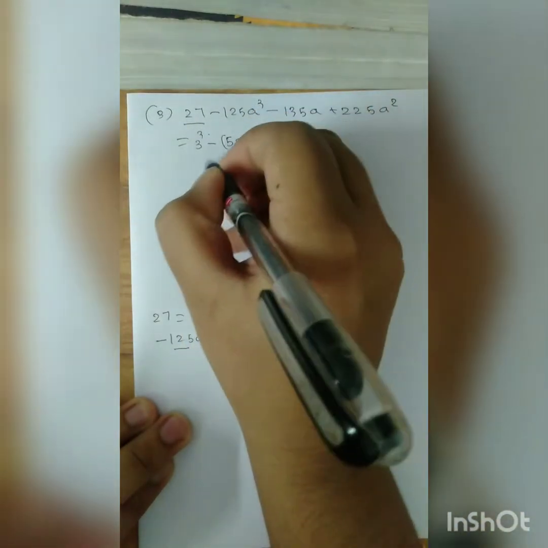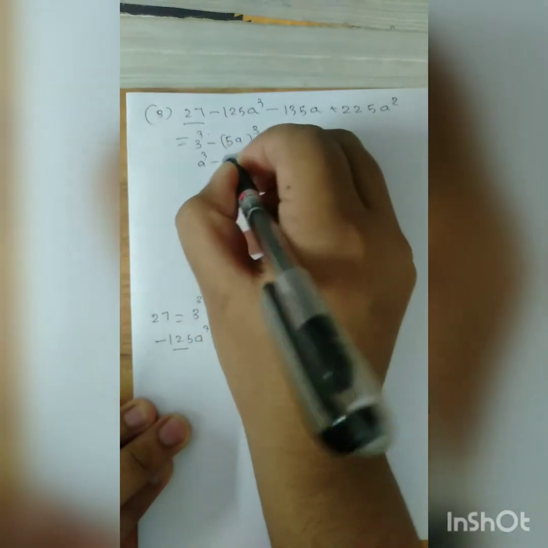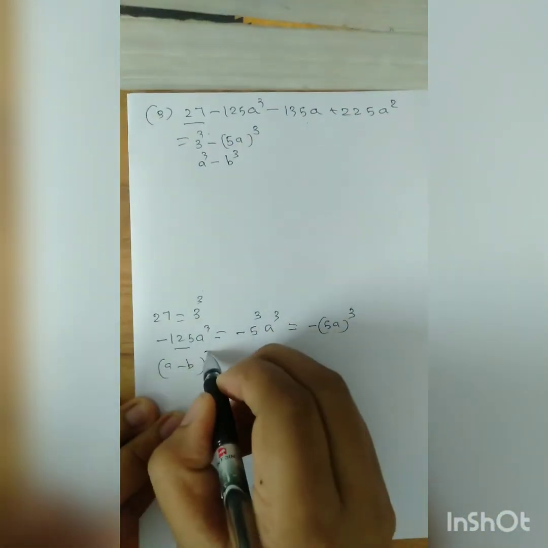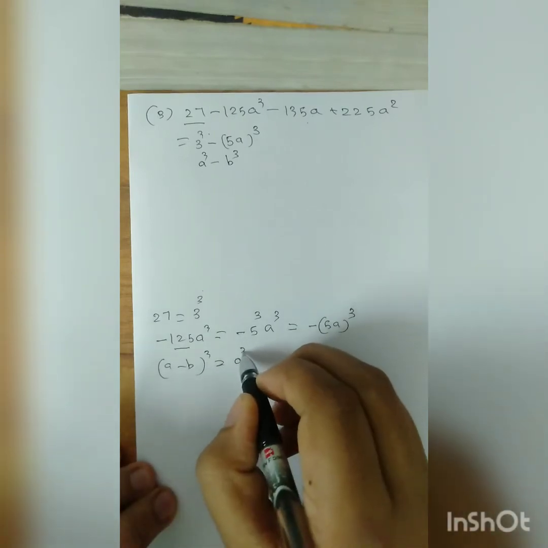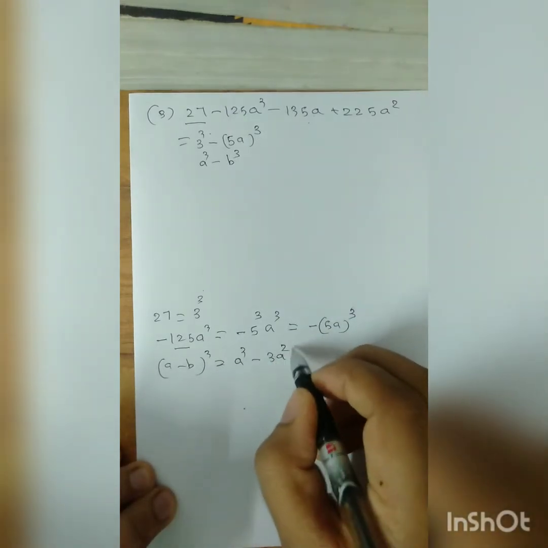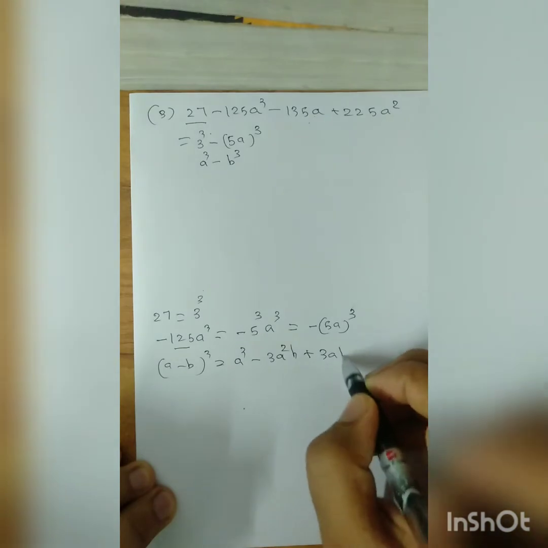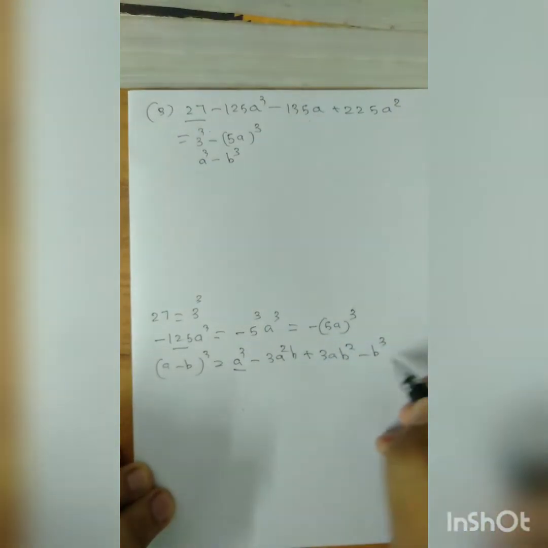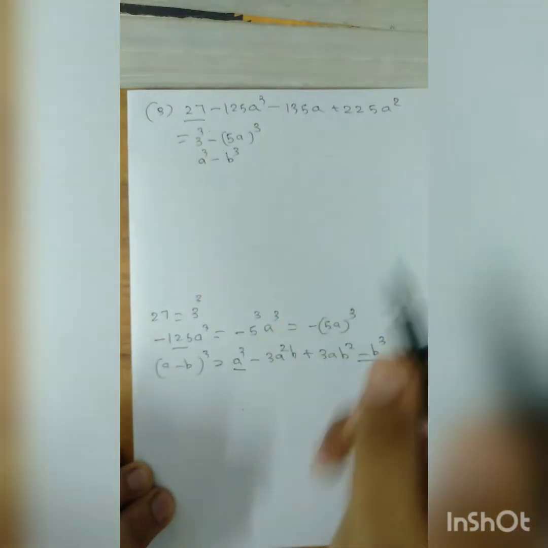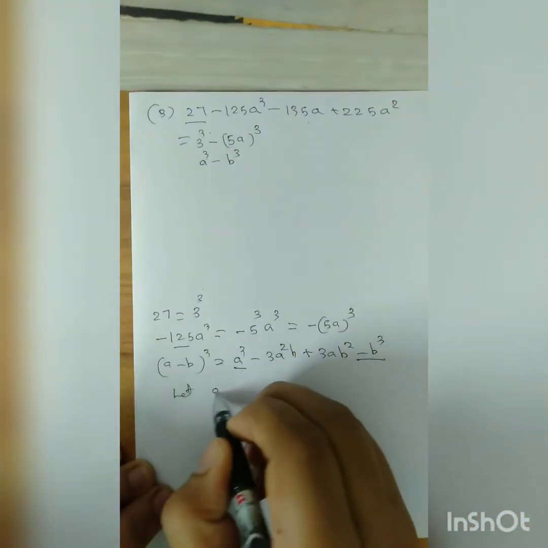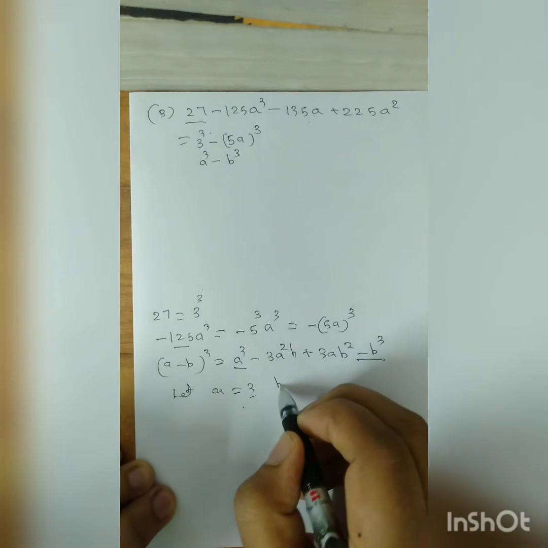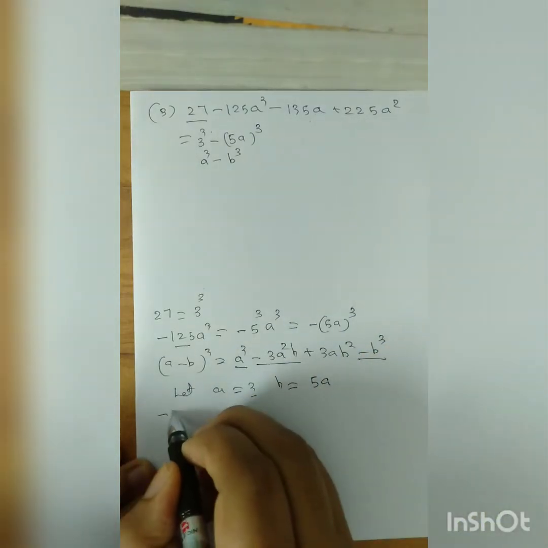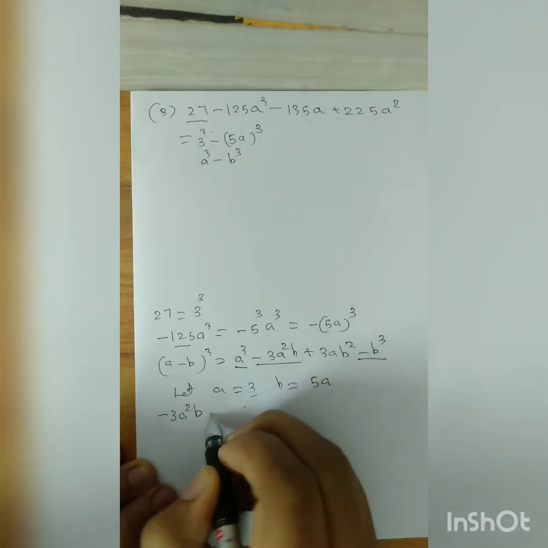So this is in the form of a cube minus b cube. We know that (a minus b) the whole cube is equal to a cube minus 3a square b plus 3ab square minus b cube. So a cube and minus b cube. So here let a is equal to 3 and b is equal to 5a. And the next term is minus 3a square b.